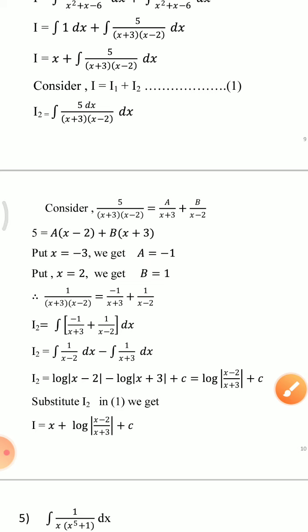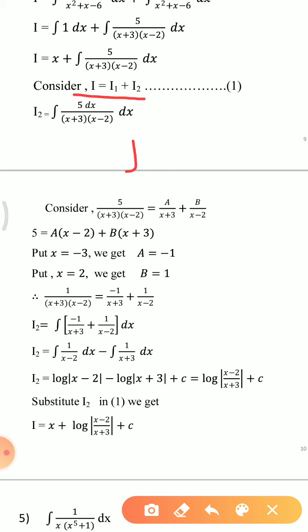Then substitute this I2 in equation 1, we get, equation 1 is I1 plus I2, and you know the value of I1 is equal to x and I2 is equal to this one here. Then substituting I2, I1 plus I2 is x plus log of mod of x minus 2 upon x plus 3 plus c.